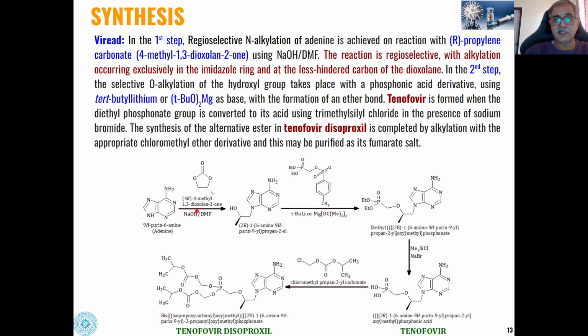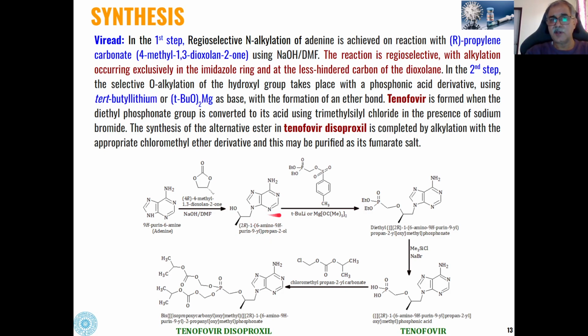When adenine is reacted with this 1,3-dioxolan-2-one derivative, optically active, R isomer, then ring opening of this will take place, and this nitrogen of adenine will act as a base, and this will attack this carbonyl, and ring opening will take place, and we will get this type of amino propanol derivative.